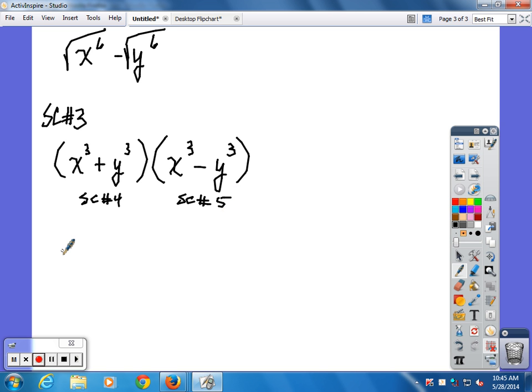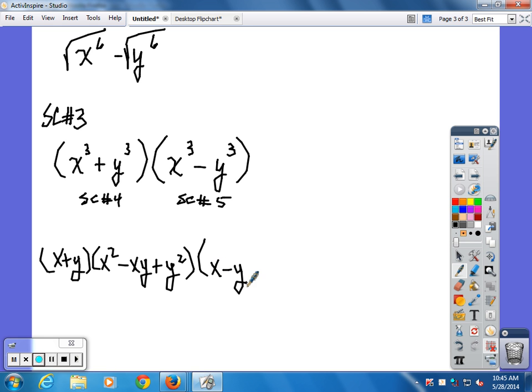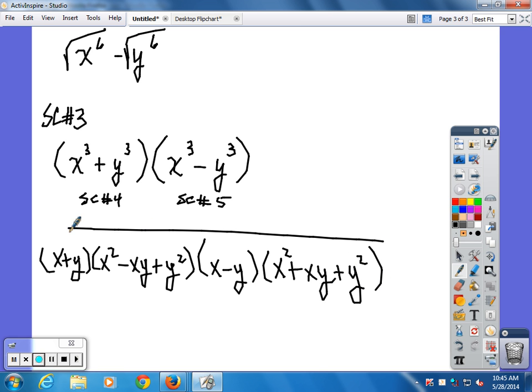And that's going to give you x plus y times x squared minus xy plus y squared times x minus y times x squared plus xy plus y squared. Shortcut number 4 gives you this. Shortcut number 5 gives you this.